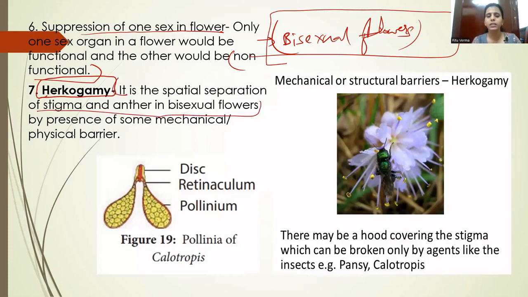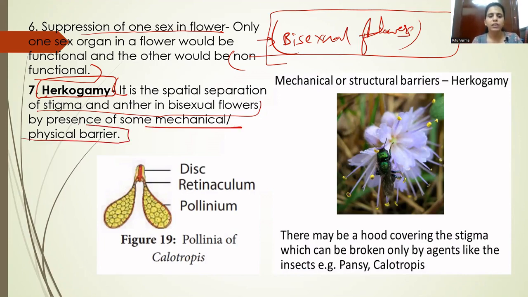This is important. There are bisexual flowers in which both male and female reproductive organs are present. These male and female reproductive organs, that is anther and stigma, are separated from each other by the presence of a mechanical or physical barrier.